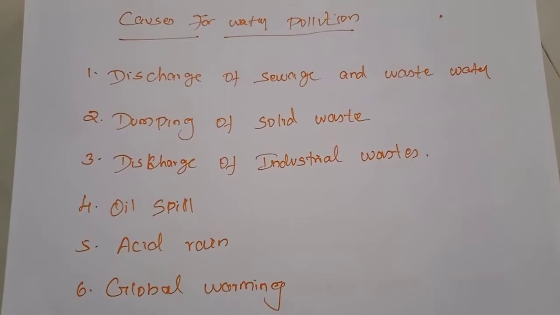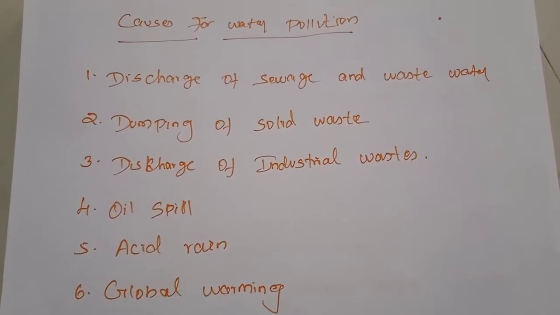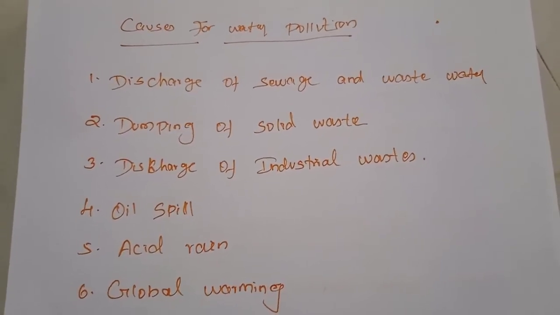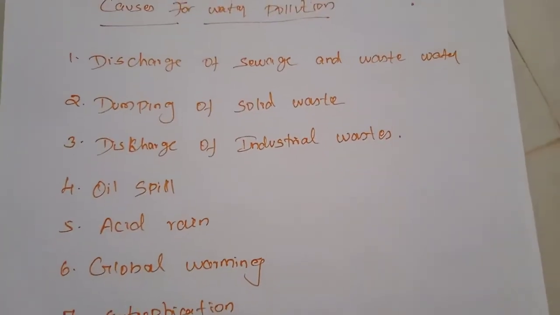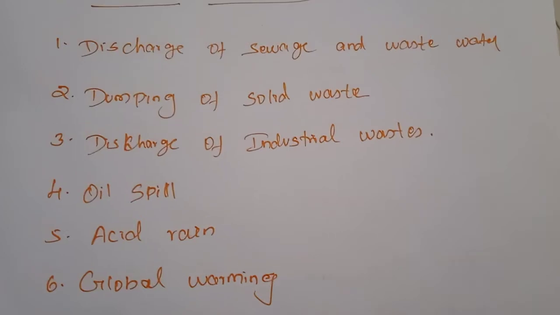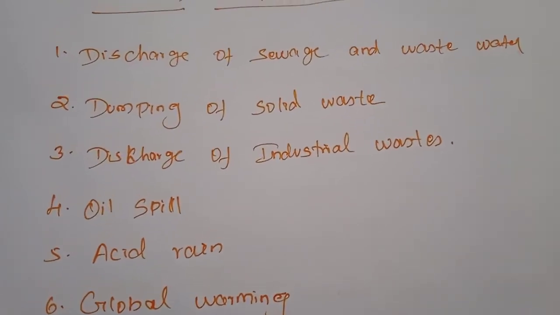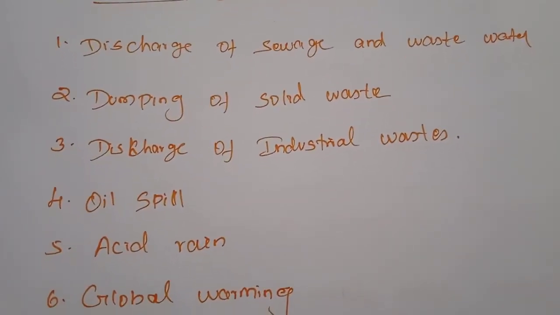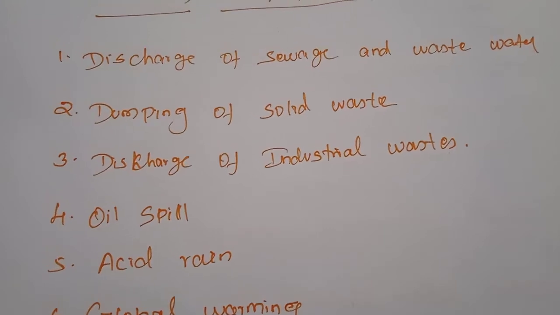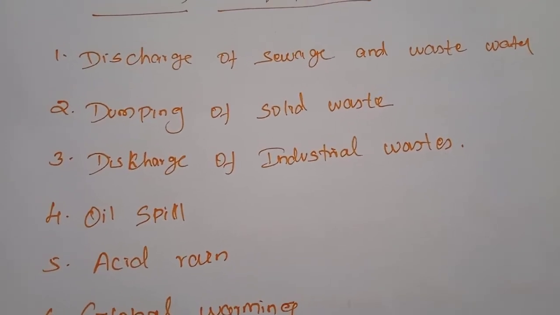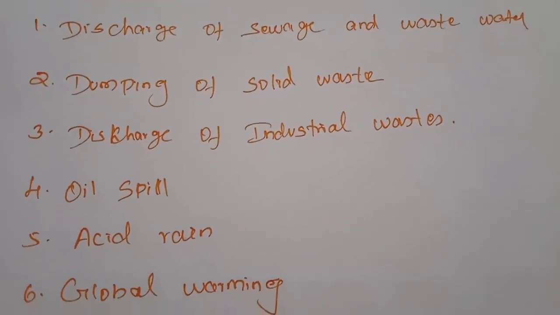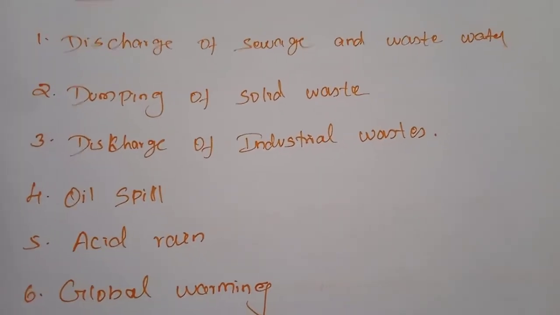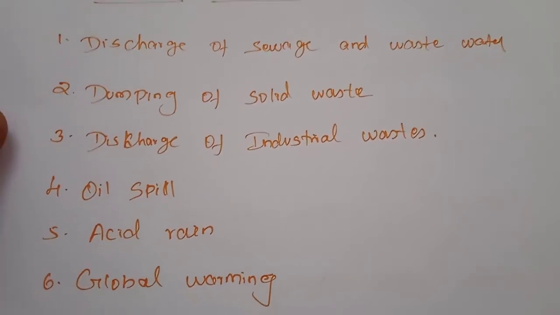This waste contains harmful chemicals and toxins which make the water poisonous for aquatic animals and plants. If this water is used for the plants, and we eat those foods, it will also harmfully affect us.